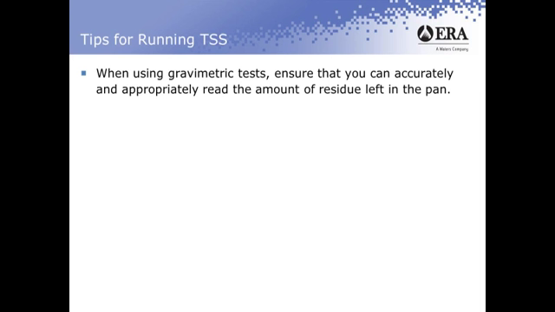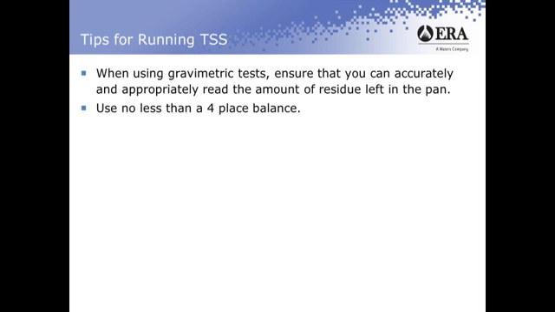TSS is run with what we call a gravimetric test, which means you're going to be measuring a certain amount of mass on a balance. So you want to make sure that you can accurately and appropriately read the amount of residue that's left in the pan. What's really important is to make sure you've got enough residue on the balance to accurately measure it.